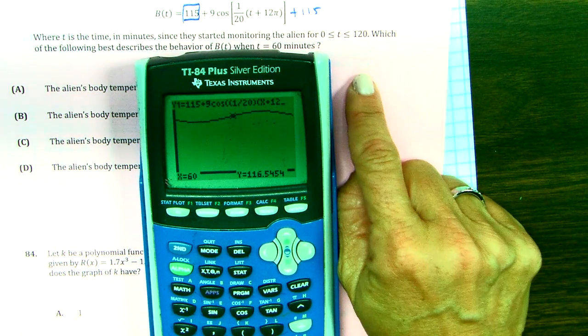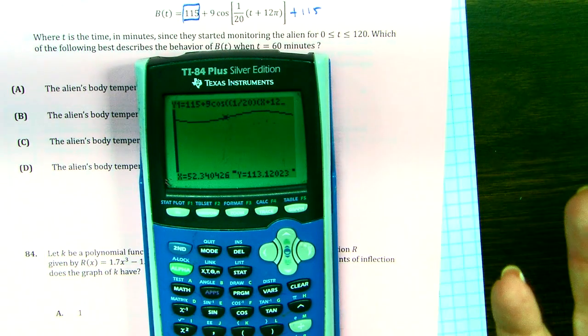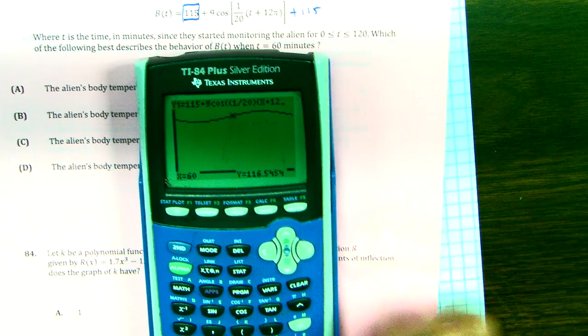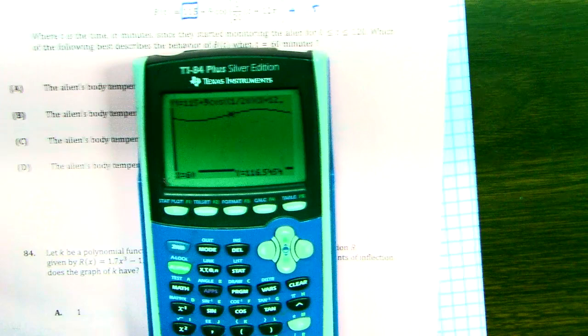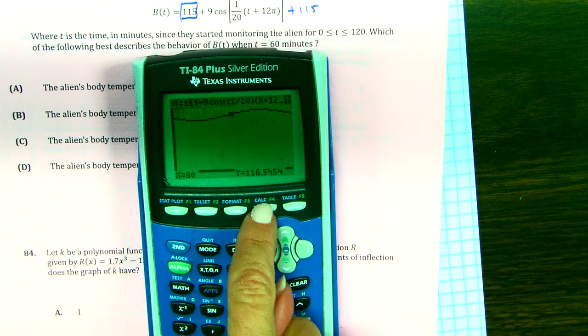Let's pretend it said T equals 30. Well, I could move my cursor along this graph to any place that I want, and you can see where you are on the bottom, right? So it did put me at 60, but if it was a weird decimal, like 57.862 or something, there's another really cool function in your calc menu.